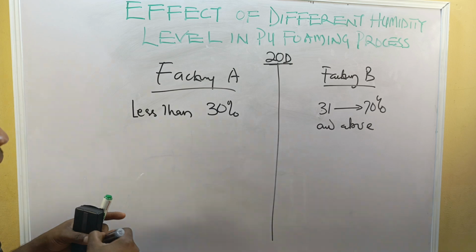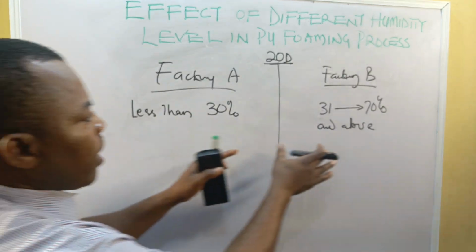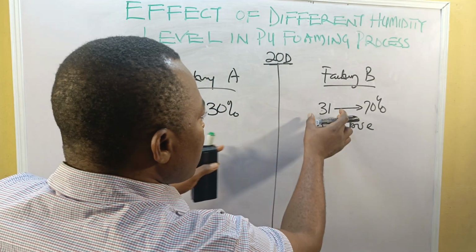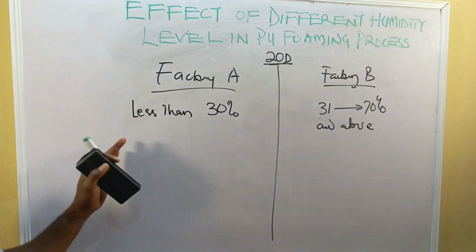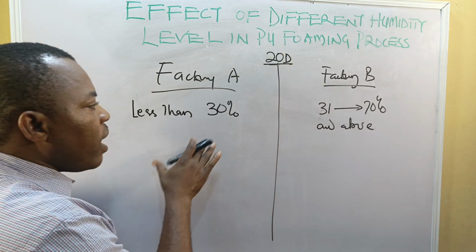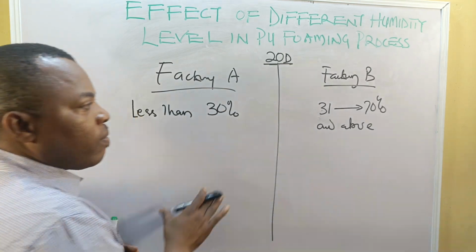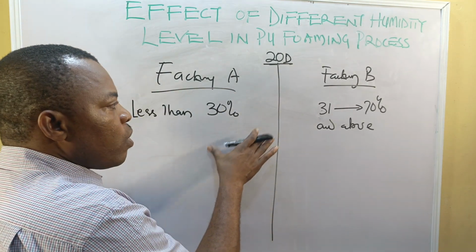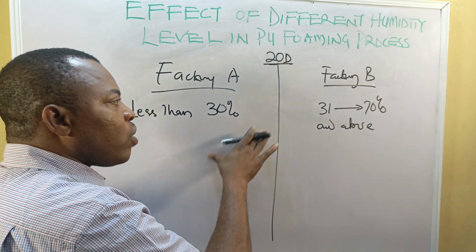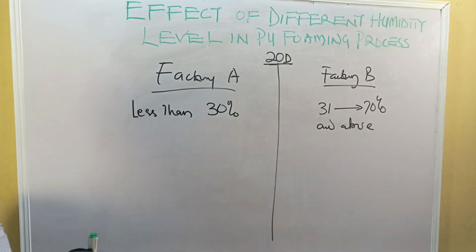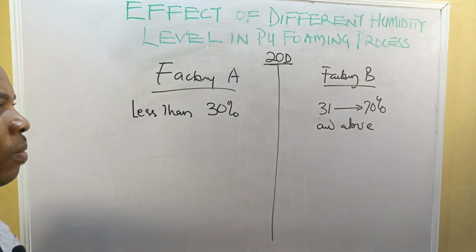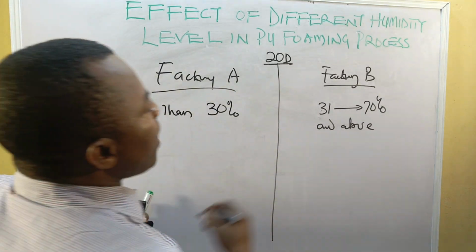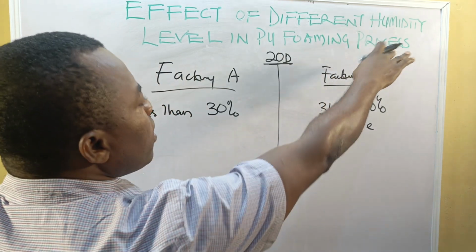Okay, now looking at this and looking at this, from this value, as a PU foam engineer and a PU foam chemist, if you really understand what you are doing, it is telling you something about how the reaction will proceed, which you need to know from your formulation. Now, you know, we say humidity is what?